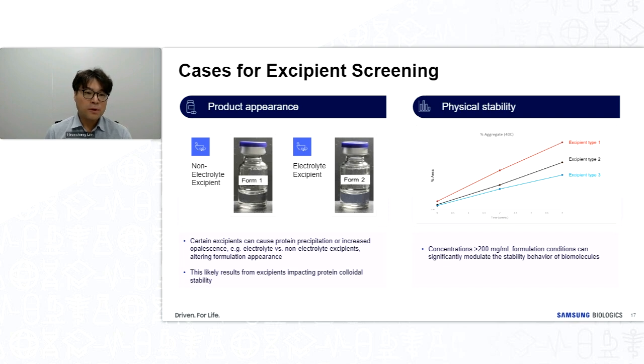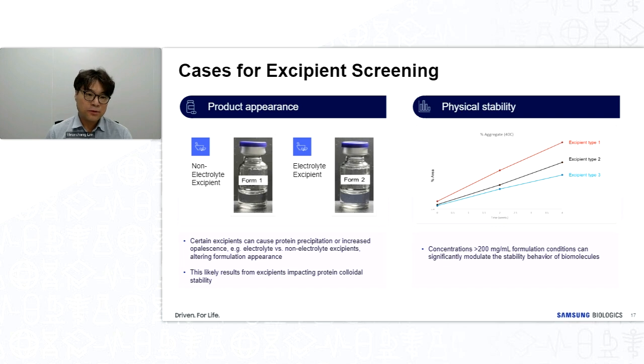In this example, we compared two different formulations, one that is slightly opalescent and the other that is clear. The different excipients leading to different impact is likely due to an influence of the different excipients on the physical stability of the protein.